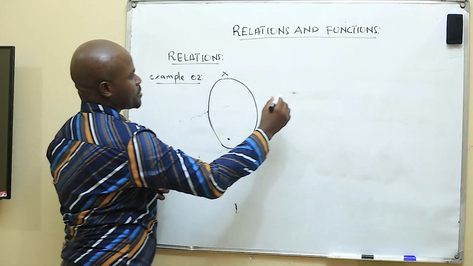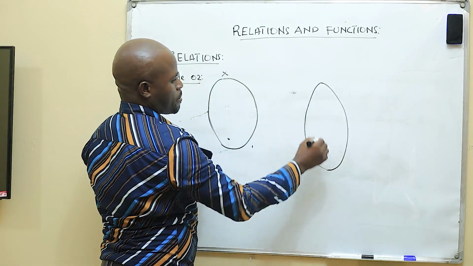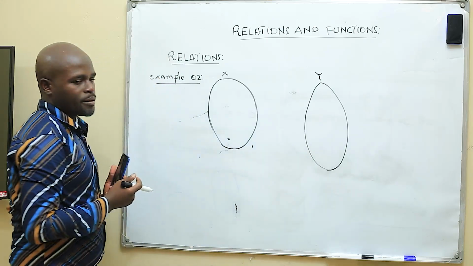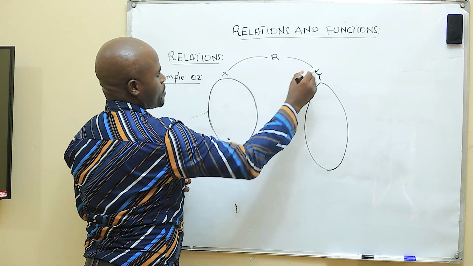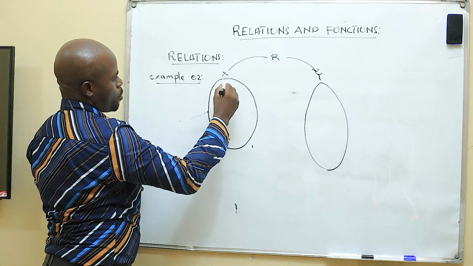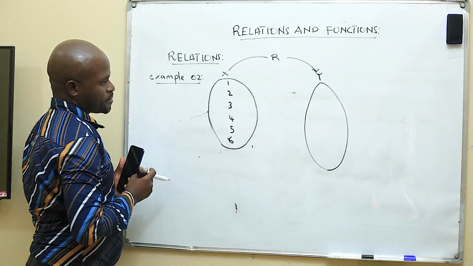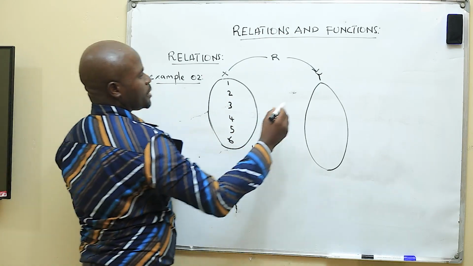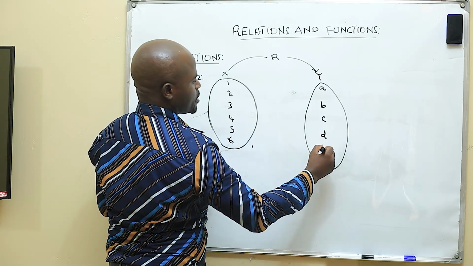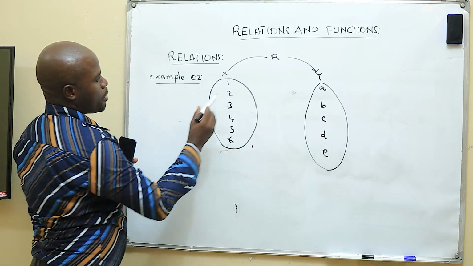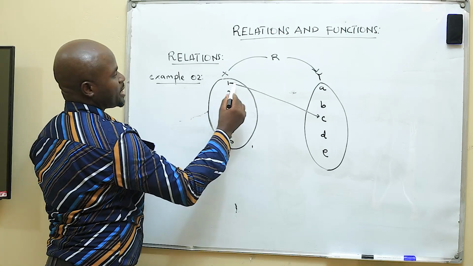This is set X. This is set Y, whereby X relate with Y. And here we have maybe 1, 2, 3, 4, 5, 6. Here we have A, B, C, D, E. So number 1 can relate with C. Number 1 again can relate with A.